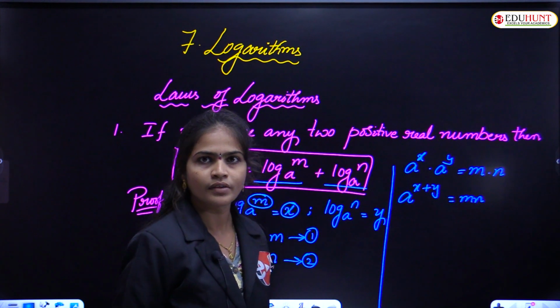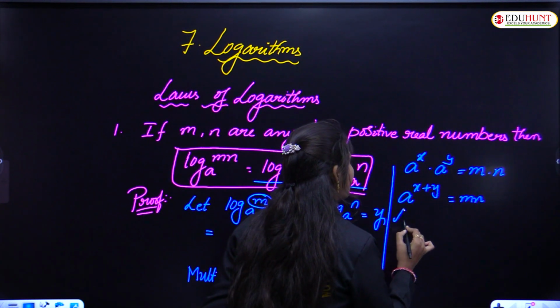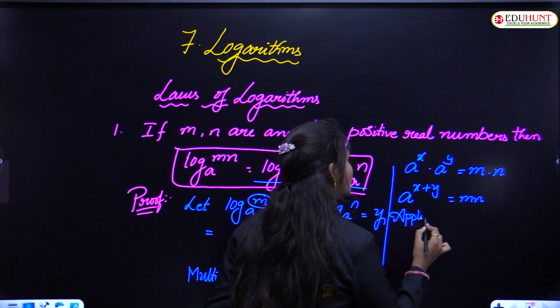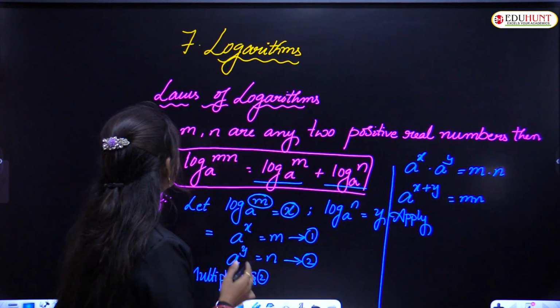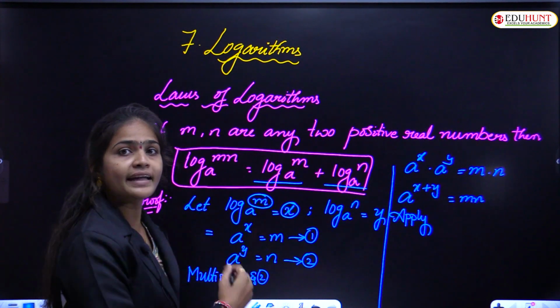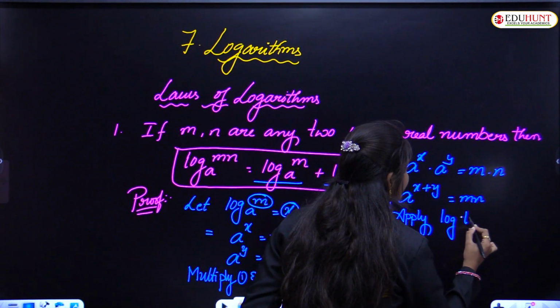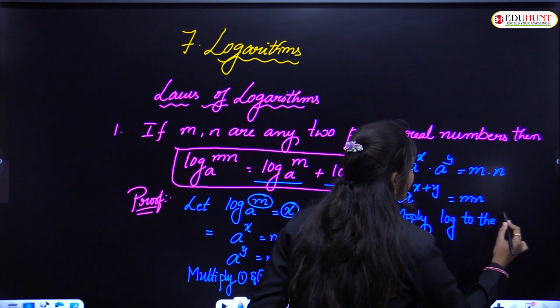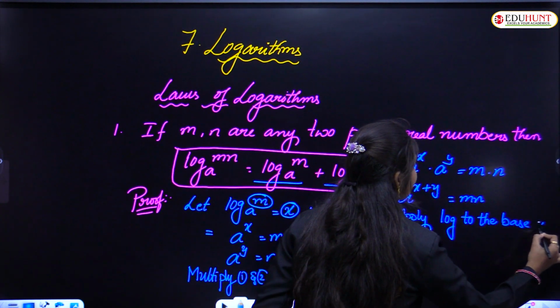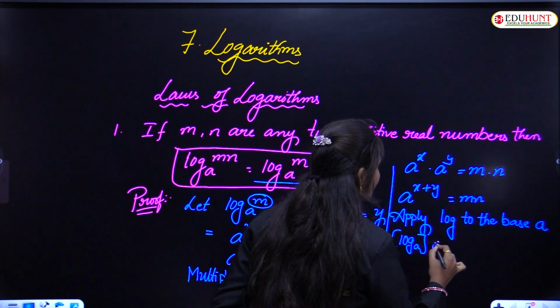After getting this, we need to get the value in logarithm form, but we got it in exponential form. So again apply logarithm, apply log to the base a on both sides.